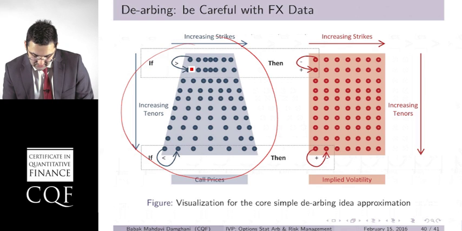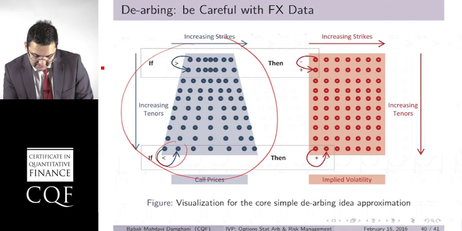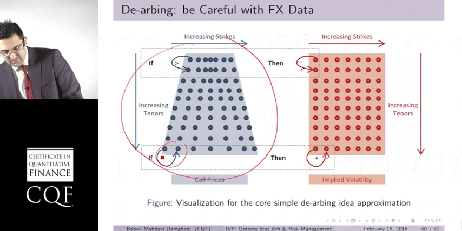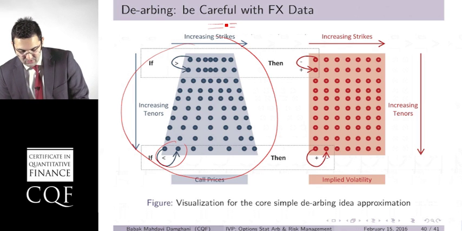So on the butterfly side, that algorithm works, but on the calendar spread arbitrage, you're really comparing apples and oranges. So I would ask you to be really careful when you try to apply that kind of hacks with respect to the different asset classes.